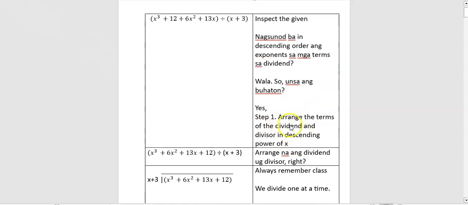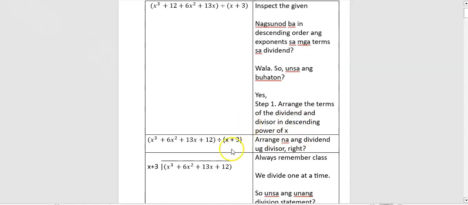So, step number 1, arrange the terms of the dividend and divisor in descending order, or descending power of x. Okay. So the correct order for the dividend: the first term is x cubed, since the exponent is 3. And the second term is positive 6x squared because the exponent of this term is 2.